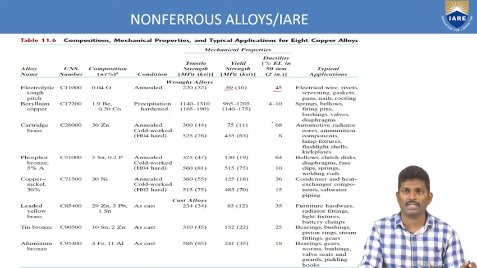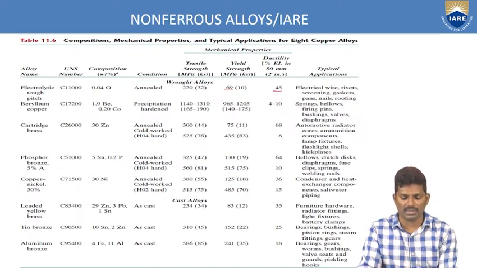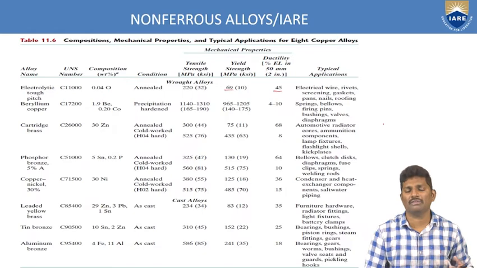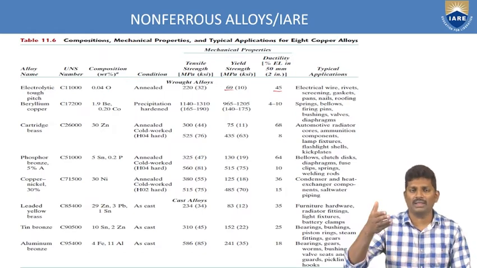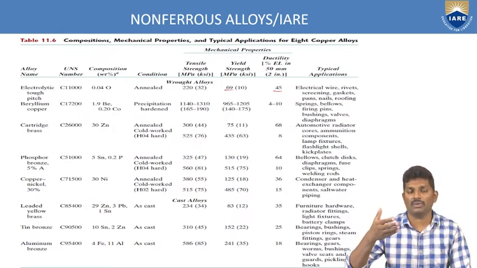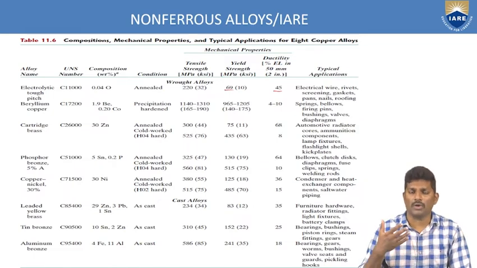Where can you use this type of copper? You can use it in electrical wire, rivets, screening, gaskets, pans, nails, and so on. Different applications are there. So these copper alloys are classified into categories depending upon the compositions.